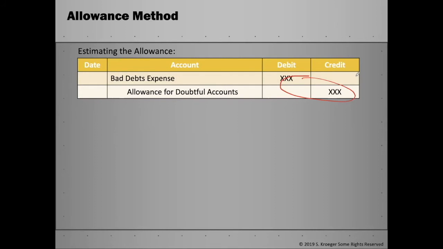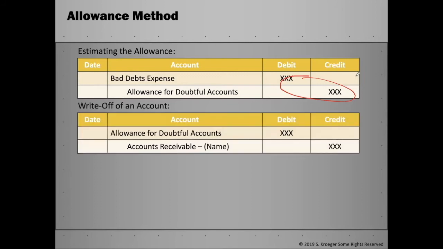Now, let's say it's the next year and someone does come in and they default. We had a feeling that was going to happen. We already estimated it, but now it's official. Someone's writing off their accounts. Instead of debiting bad debt expense like we did with the direct write-off method, we already did that here.